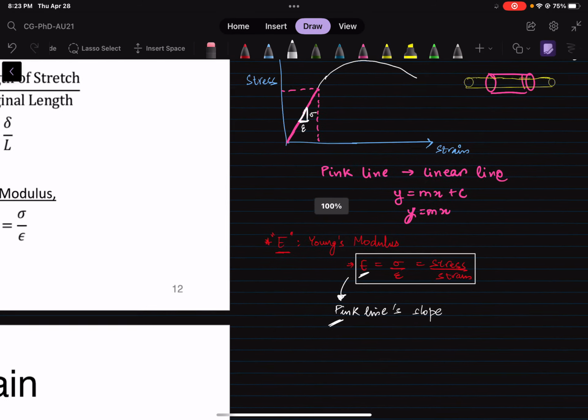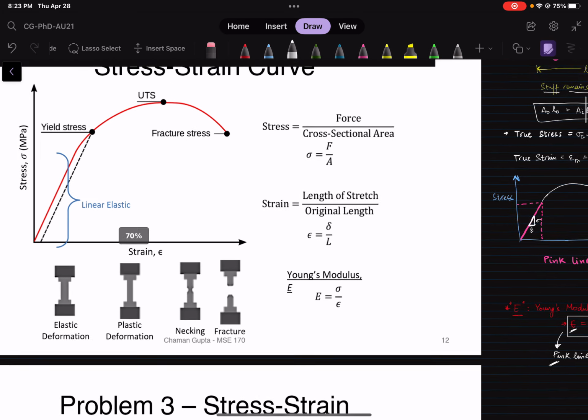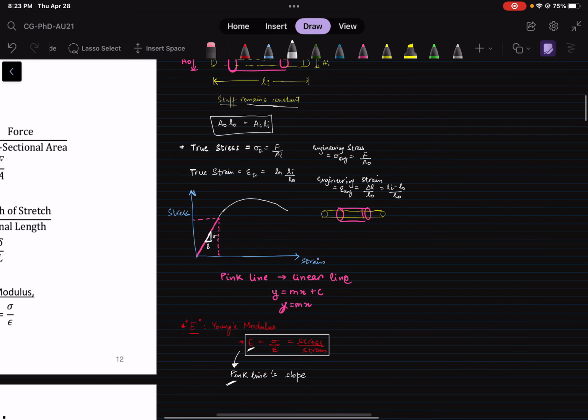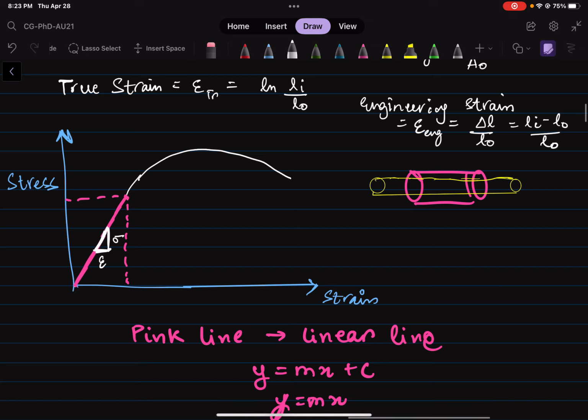So let's look at some examples. A few more important points to note down on this plot are at this corner at the top, the highest point, a point over here, and then this point over here. These four, let's call them 1, 2, 3, 4. Very important labels.